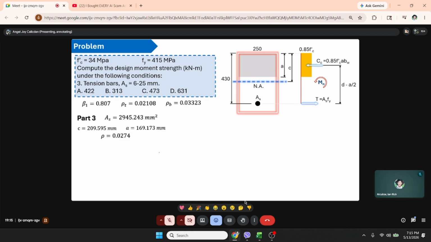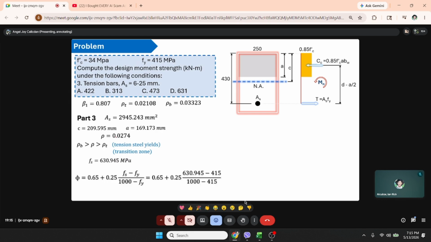So these are the values we solved. And now we can solve for the nominal moment capacity, which is equal to AS Fy times the moment arm. So AS is 2,945 times Fy of 415 times moment arm 430 minus A over 2.